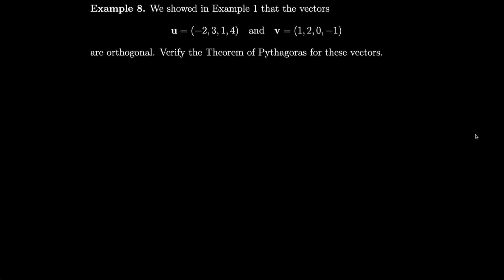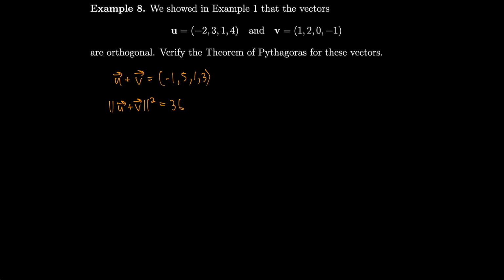We showed in example 1 that the vectors u and v are orthogonal. How about we verify the theorem of Pythagoras for these vectors? So we'll take u plus v, and that's minus 1, 5, 1, 3. We'll find their length. That's just the square root of each of those things squared.